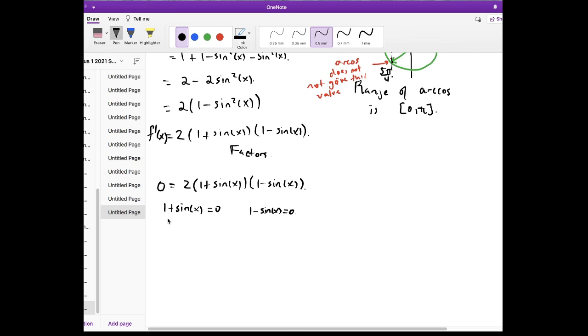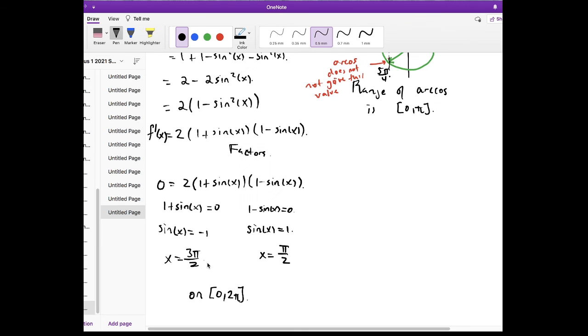Okay, so where are those places? Where is sine equal to -1, and where is sine equal to 1? Remember, this is on 0 to 2 pi. Good, yeah, so the pi over 2 is the 1, and the 3 pi over 2 is the negative.